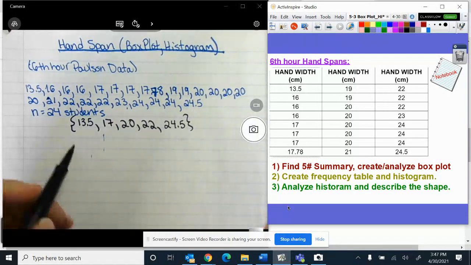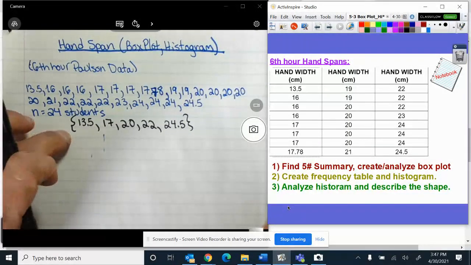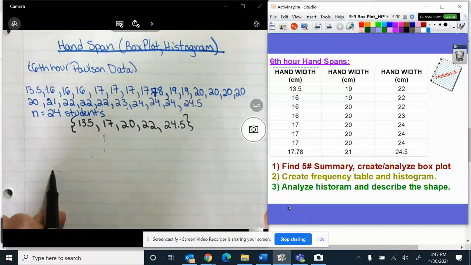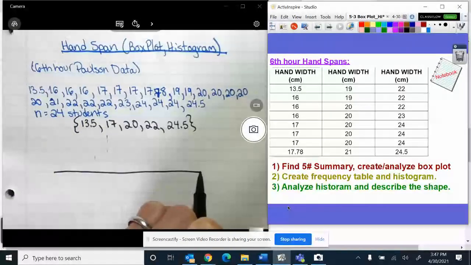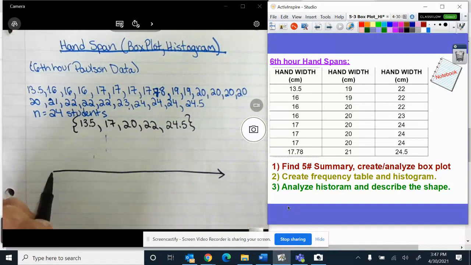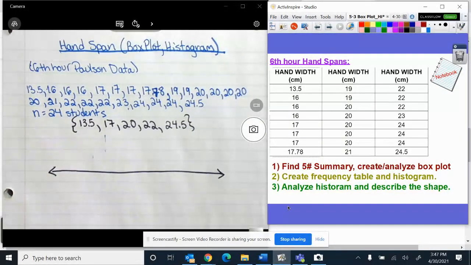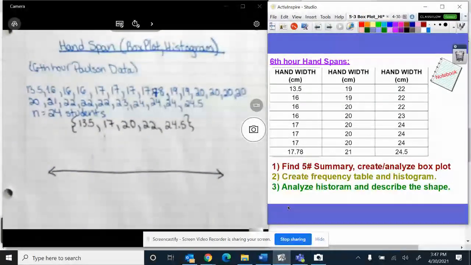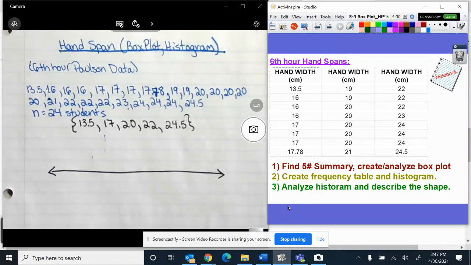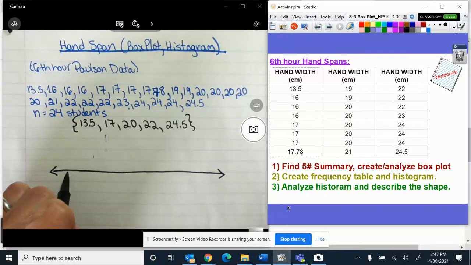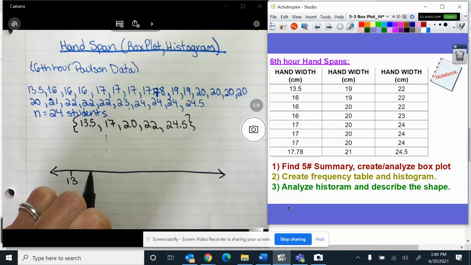To create the box plot, leave about 4 or 5 spaces below your 5 numbers. Draw a number line and create a consistent scale. Here we go. So I'm going to start at 13, and then I'm going to go up by 2 spaces.